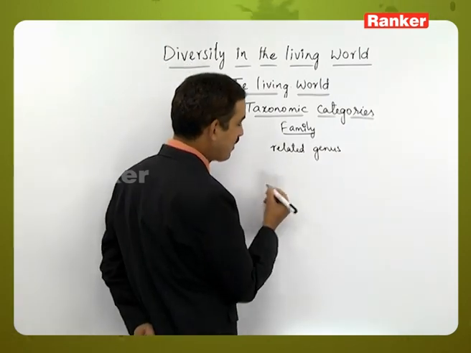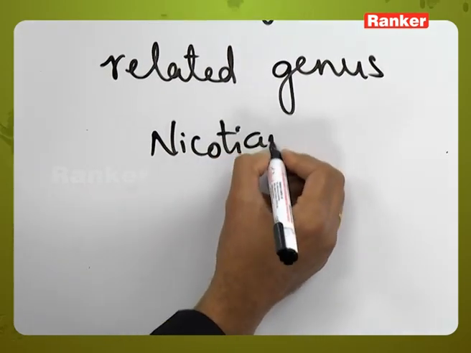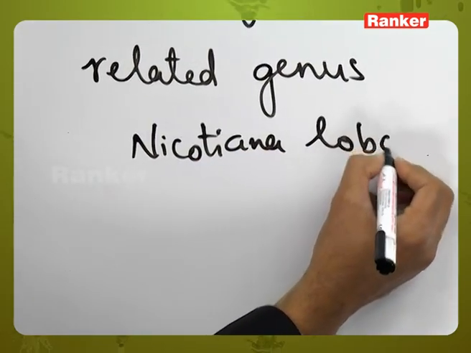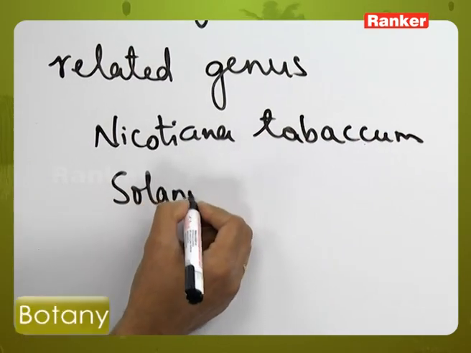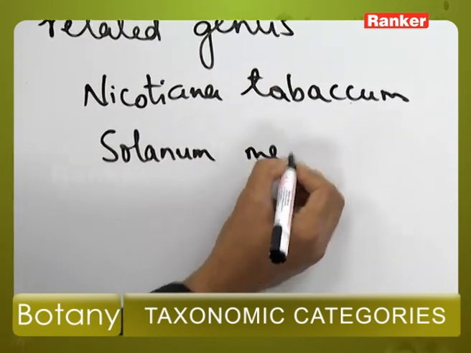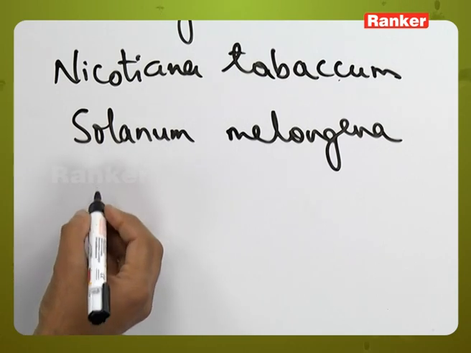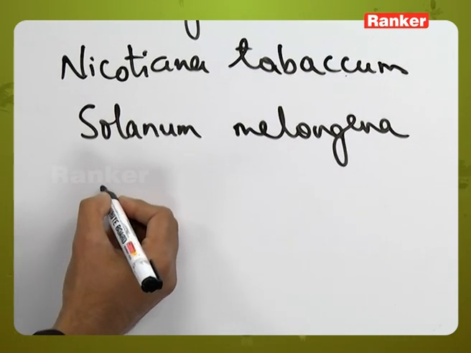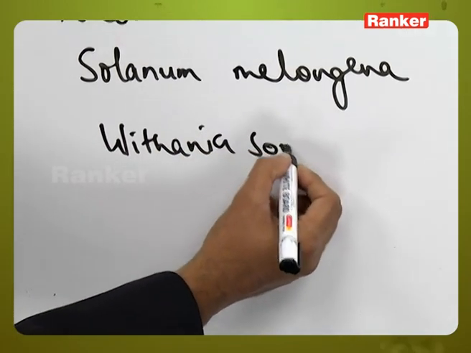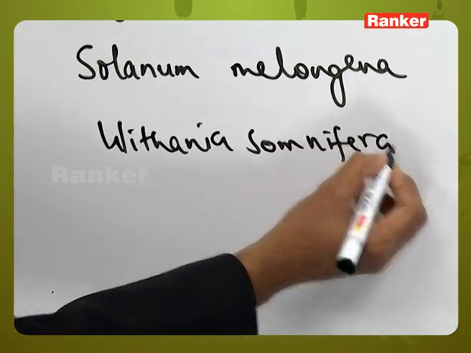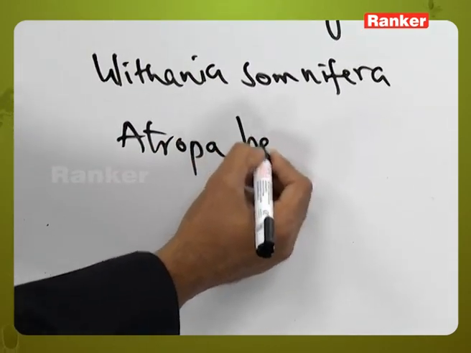Let us take one example: Nicotiana tabacum, Solanum melongena, and Withania somnifera or Atropa belladonna.